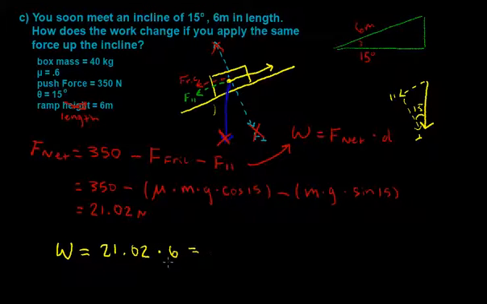And this 21.02 times 6 is going to equal a work of 126.13 joules. So this is much, much less work than we could have done if we ignored friction, but we still had to have accounted for the parallel component of gravitational force. But regardless, this is the work that it takes to push the box up the ramp, and with that, our work problem is done.